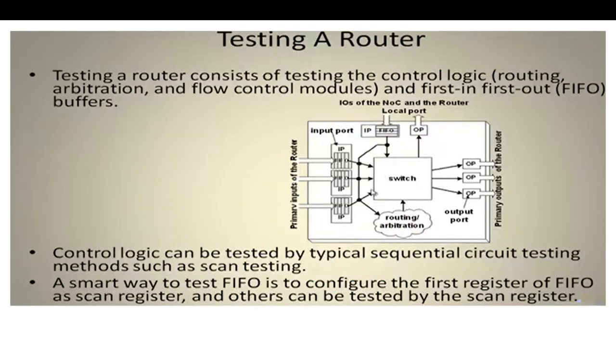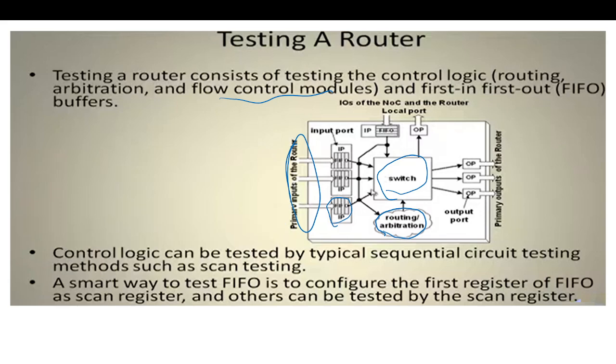Testing a router consists of testing the control logic, which includes routing, arbitration, and the flow control, the router and the switch, the flow control module, and this FIFO. There should be some flow control module included here.